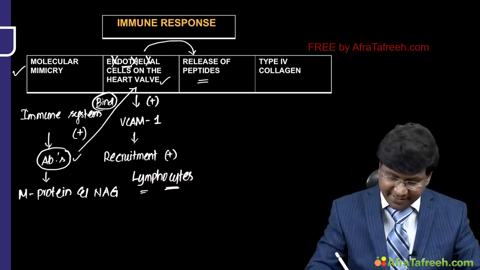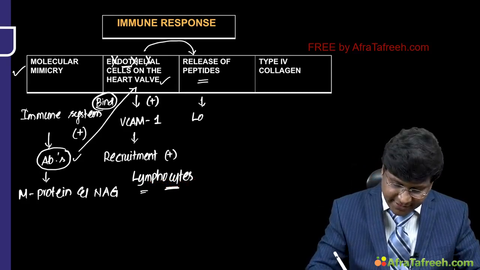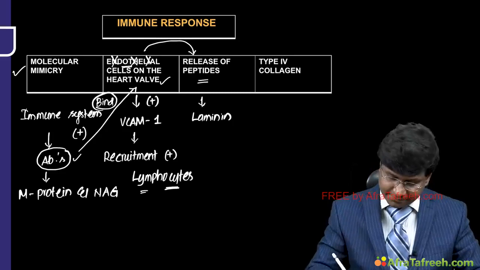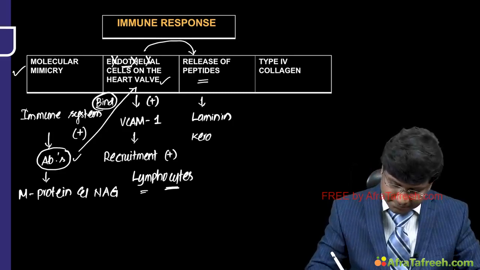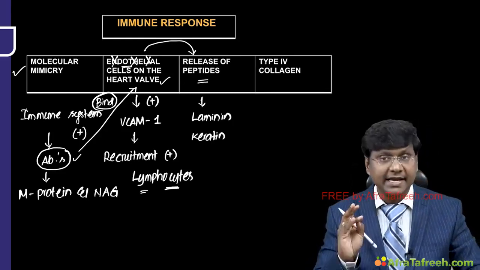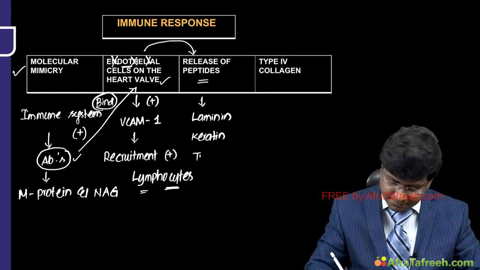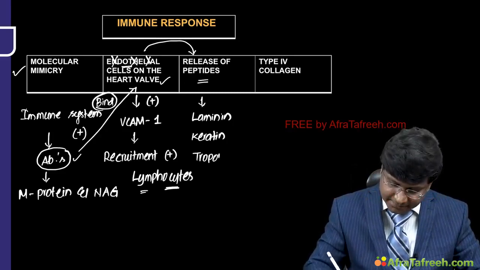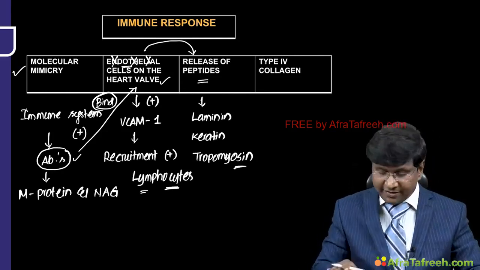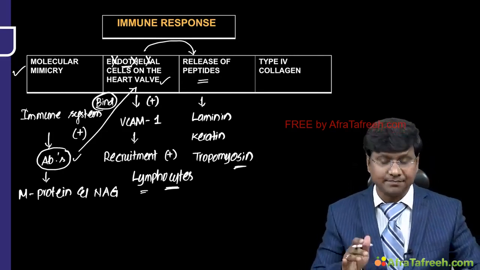Now, what are these peptides? These peptides include laminin, keratin, and tropomyosin. Okay, so there will be release of these peptides.